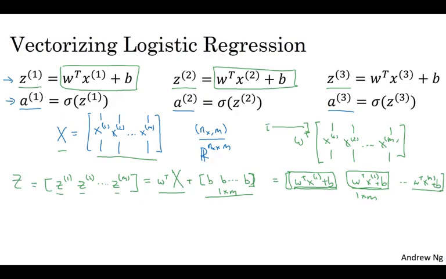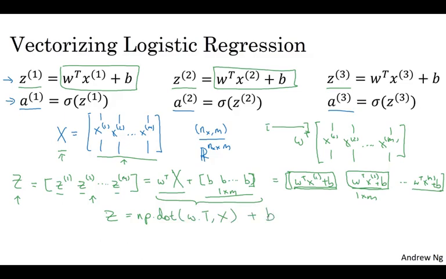So when you stack the lowercase x's corresponding to different training examples horizontally, you get this variable capital X. In the same way, when you take these lowercase z variables and stack them horizontally, you get this variable, which I'm going to denote capital Z. And in order to implement this, the NumPy command is capital Z equals np.dot(w.T, X) plus b.